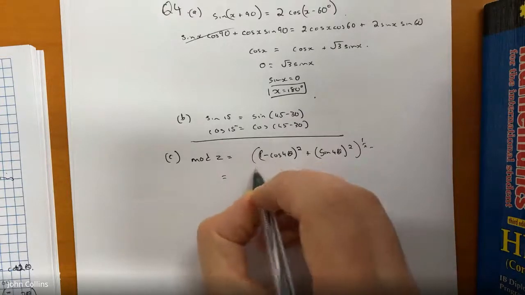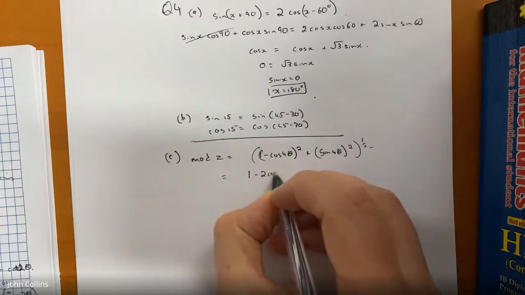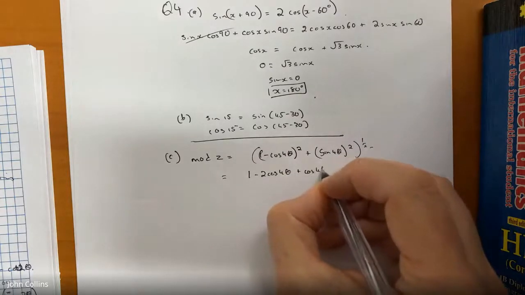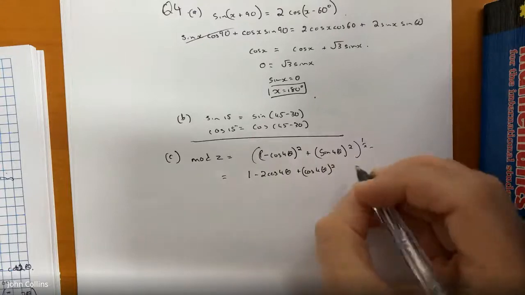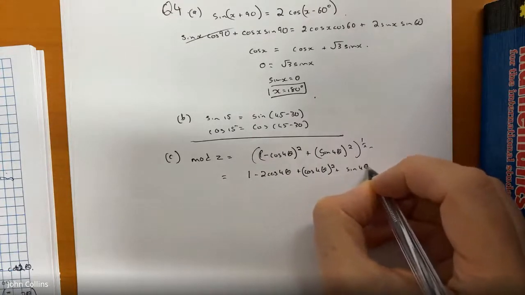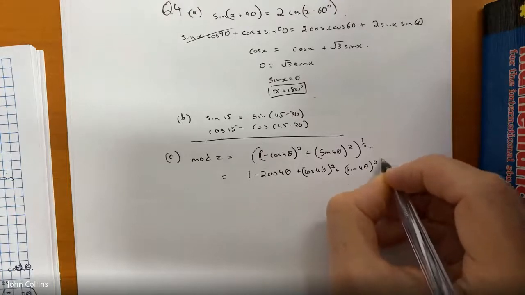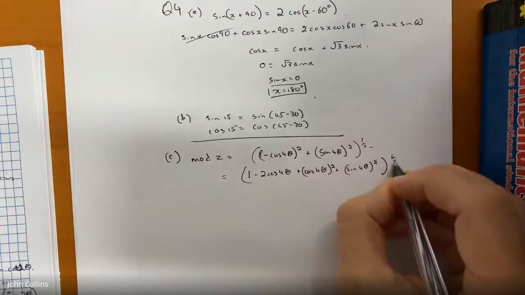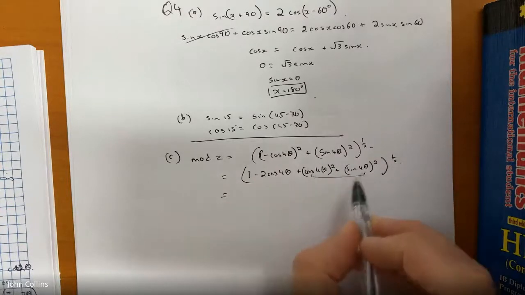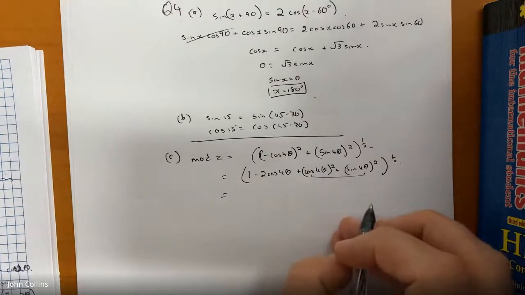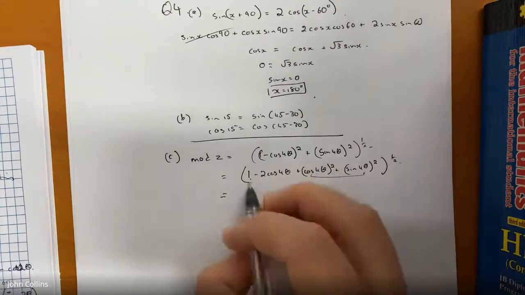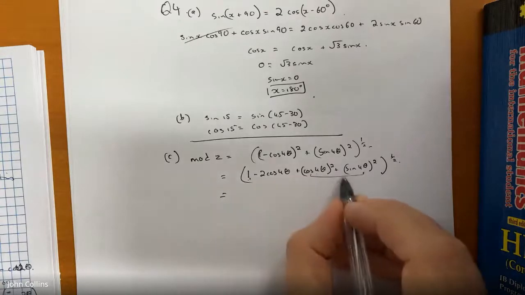When I square that first bracket out, I get 1 minus 2 cos 4 theta plus cos 4 theta squared plus sine 4 theta squared, all square rooted. These two together conveniently form 1, don't they? Squared and squared. So that's 2 now. Instead of 1 here, that's going to be 2, adding this 1.